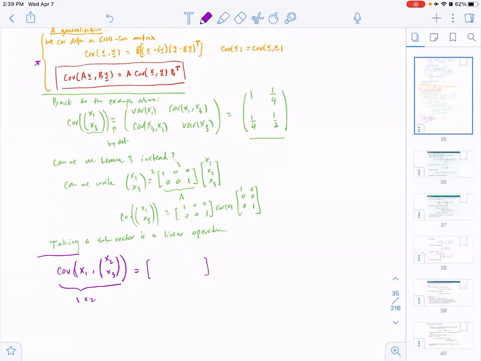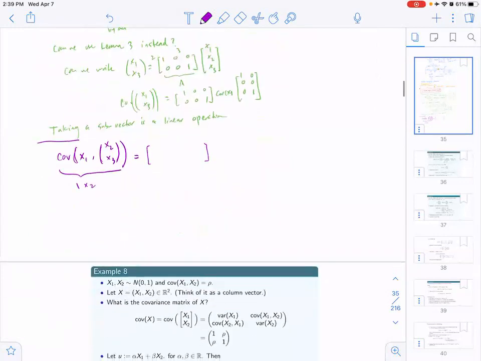No one can guess. So this is just going to be the covariance of x1, x2, and then the covariance of x1, x3. So if you go back to the definition above, it's just going to be this.